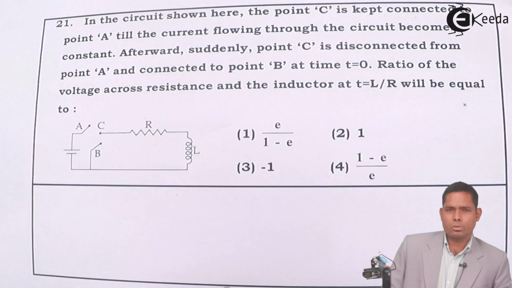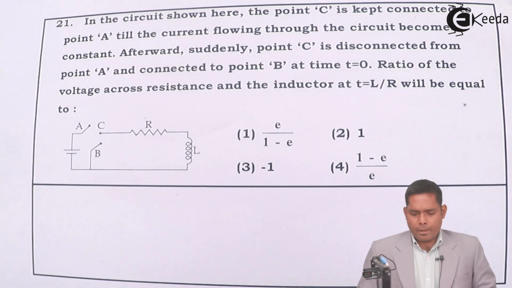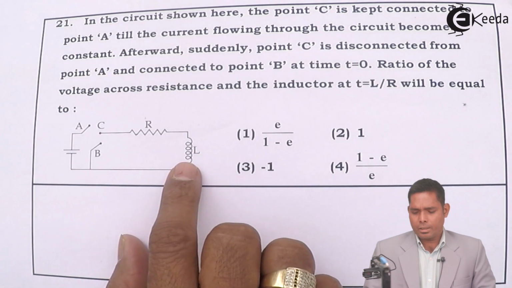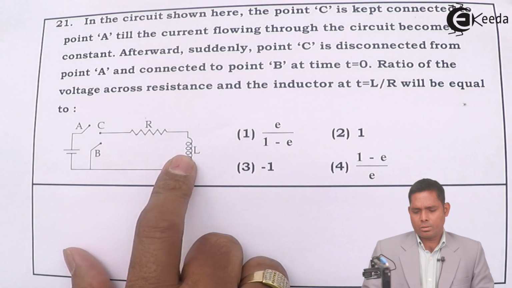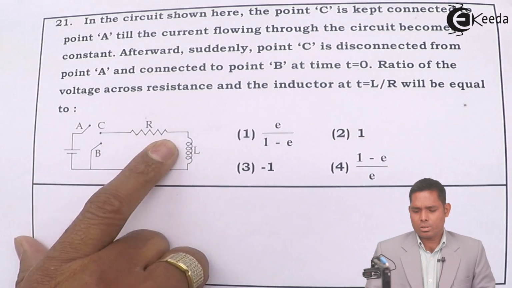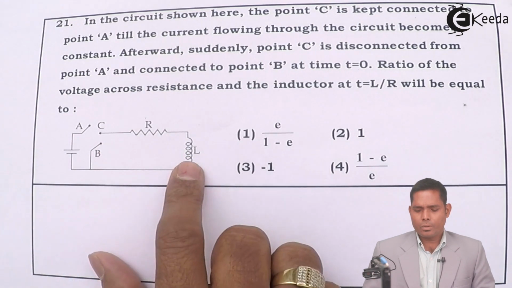So current will become saturated, and because this is an inductor, the property of the inductor is that it doesn't want any change in its flux. So when current starts flowing through this, it doesn't want the current to flow through this.